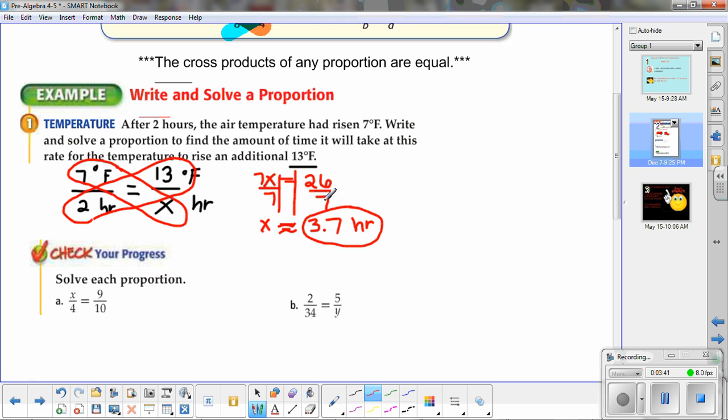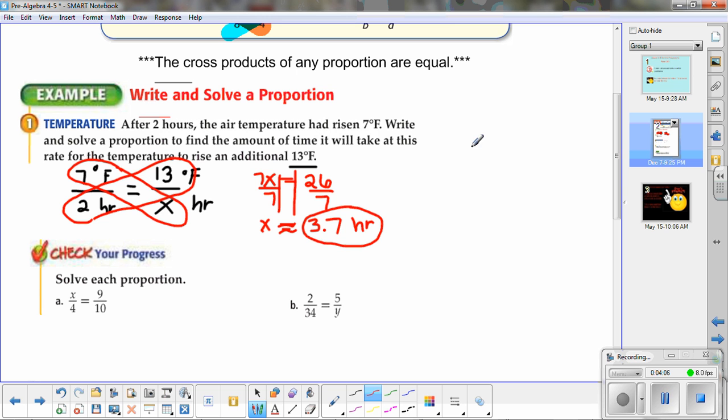But I do want you to write the equation like this using the two cross products being equal, because eventually in algebra you're going to get to proportions that aren't quite as nice and simple as this, and you need to have this understanding of the reason why we multiply and then divide is because these two cross products are equal.